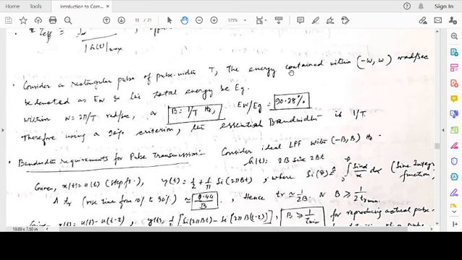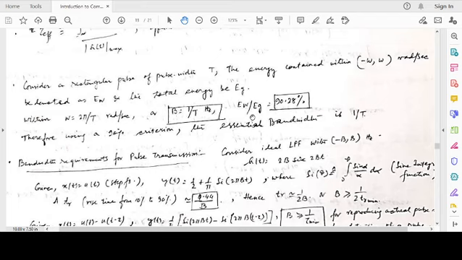If the total energy is Eg and the energy content within this band is EW, then EW by Eg is one such characteristic in which we define the bandwidth.